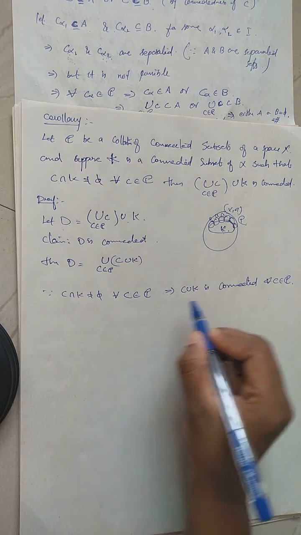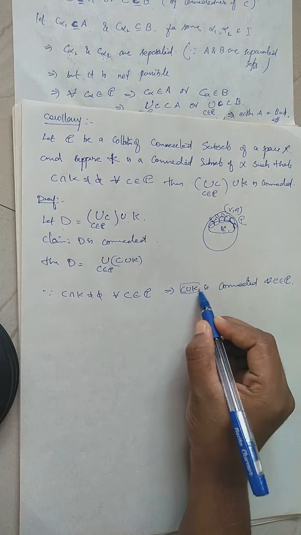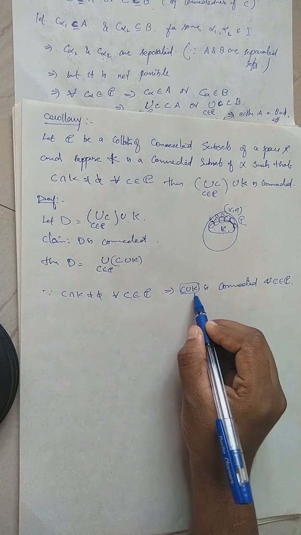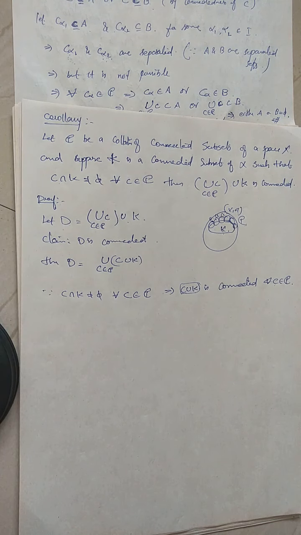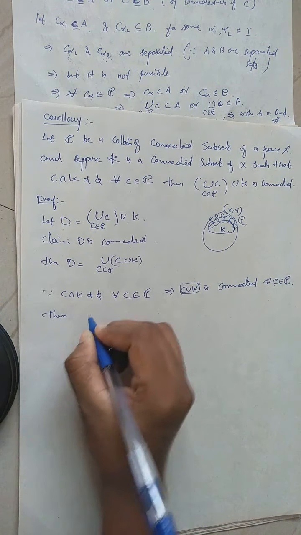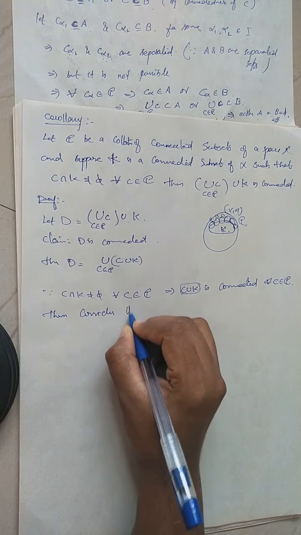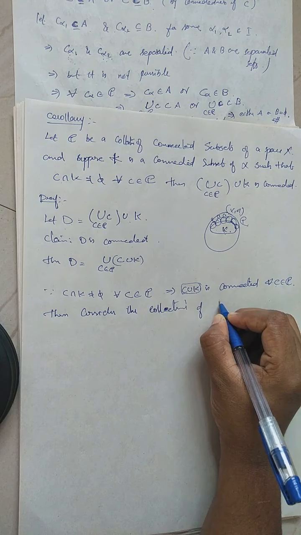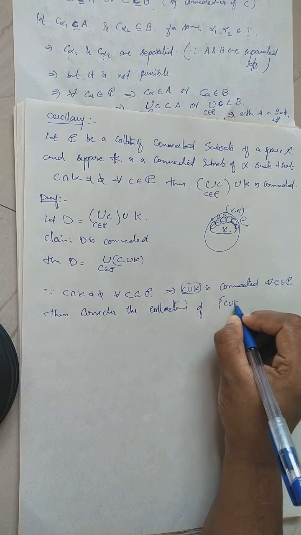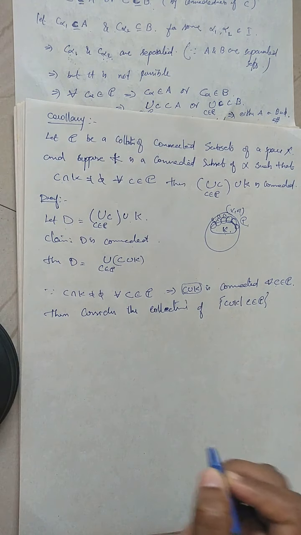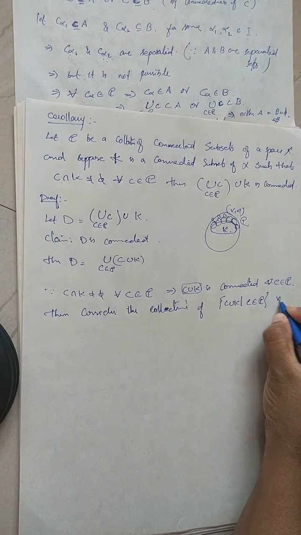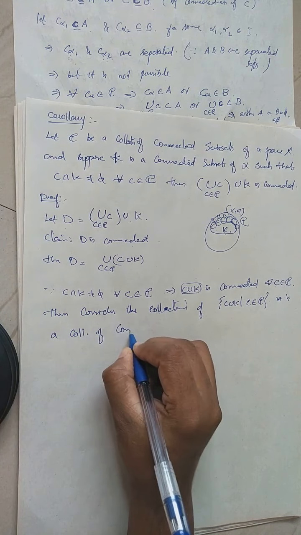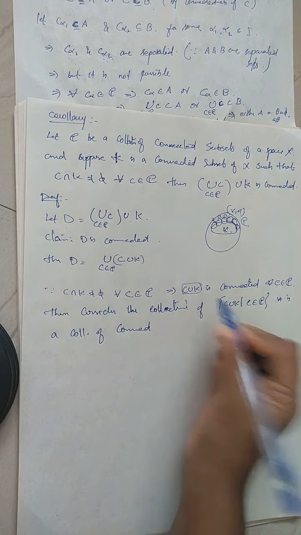Here, if you consider C union K as one set, then varying C in 𝒞, C union K will be a collection of connected subsets, because each C union K is a connected set, right?